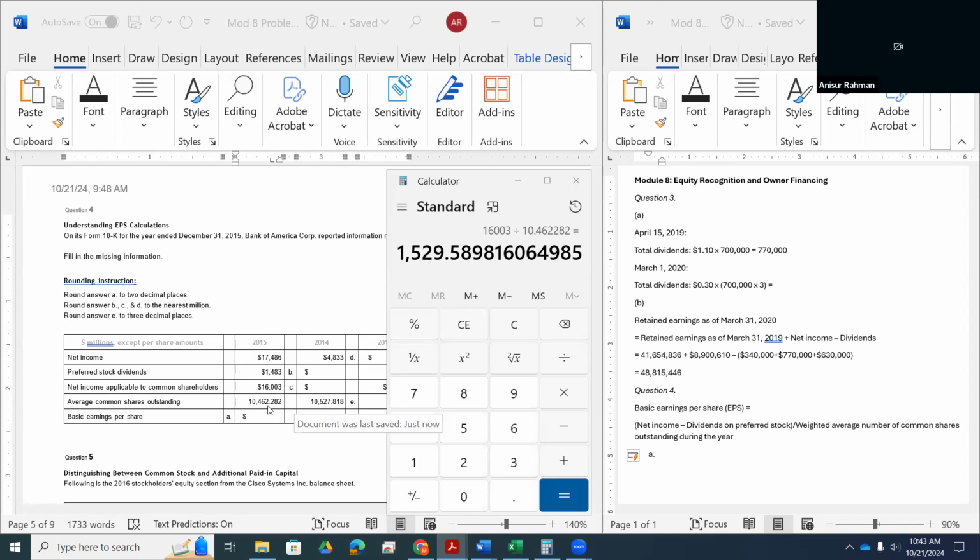So there is a decimal actually here. So what I have to do, it will be 0.10462. Let me recalculate this amount.